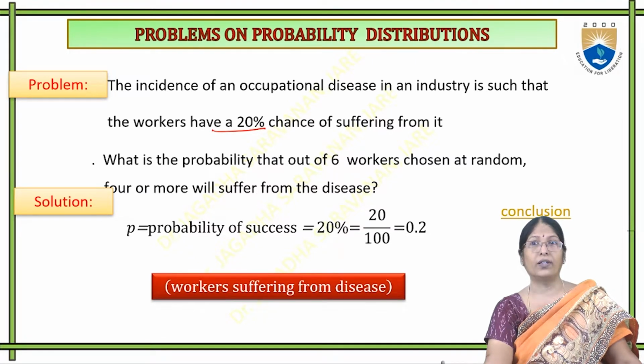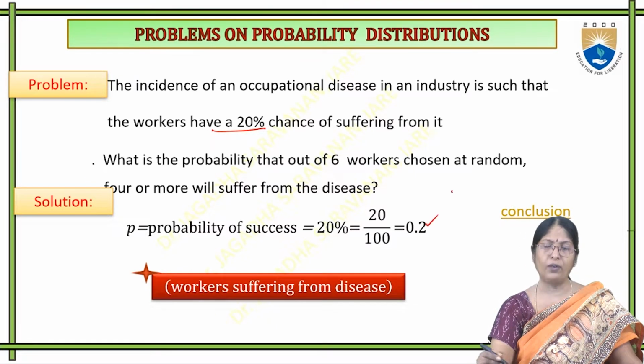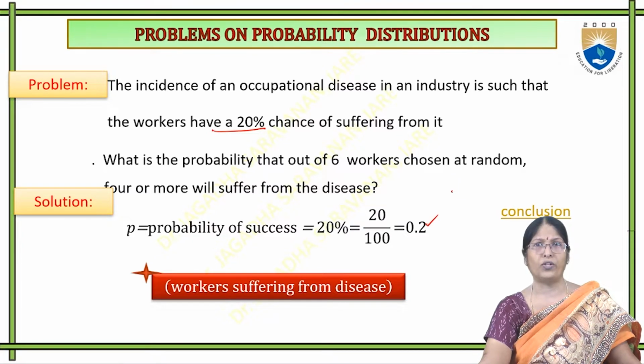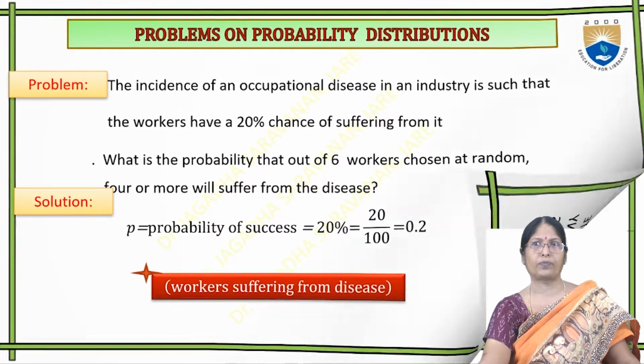Workers suffering from disease: this is the only condition given in this particular problem. 20% are affected, so particularly this we have to focus on. Satisfying 20%, in decimal we converted to 0.2. So P, the probability of success, is 0.2.